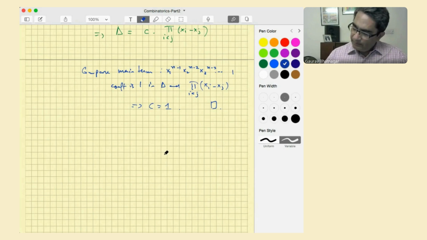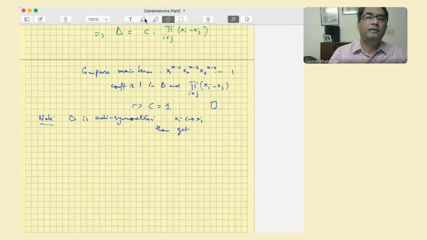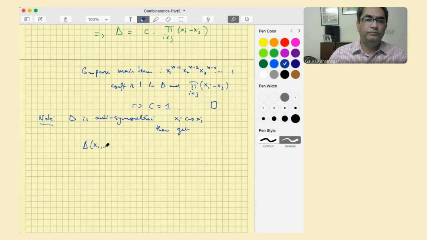Okay, so note this delta is anti-symmetric, which is to say if xi is replaced with xj, then delta of x1 to xn, I should write it, this is the ith place and this is the jth place.